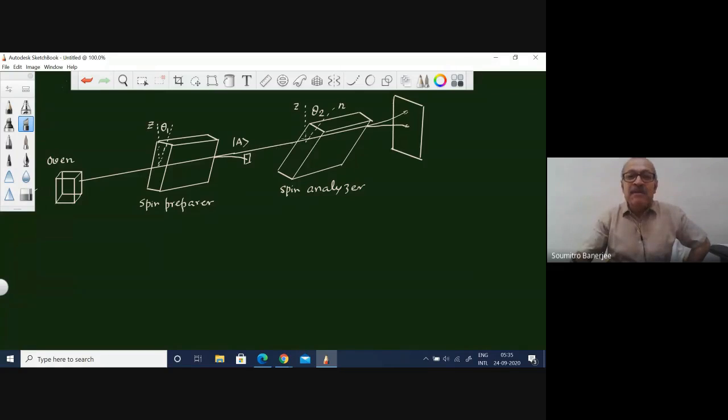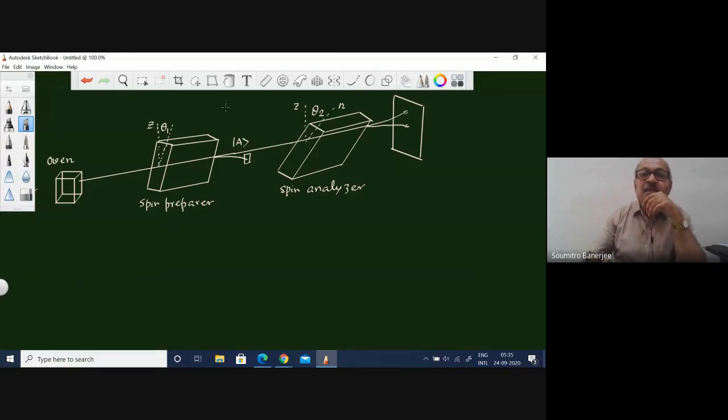And then that beam passes through another Stern-Gerlach apparatus. And this time it is an analyzer because we will observe the result. And it is inclined at an angle θ2 with the z-axis. So these two are in any arbitrary direction. And we will try to figure out what will actually be observed here. Okay. So that is the task we will take up today.